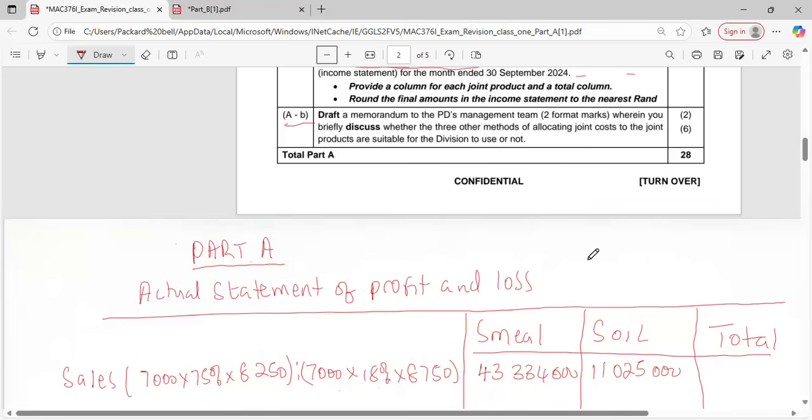In test 4 there was a fun question to me, number C. If you are not wise enough, you could not tell what is needed on number C. Go and check your test 4 number C and see the wording of the question. Then you will see that in Mac 3761, you need to understand the topics very well and be careful with the wording of the questions.